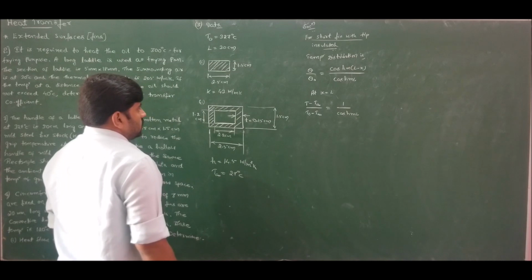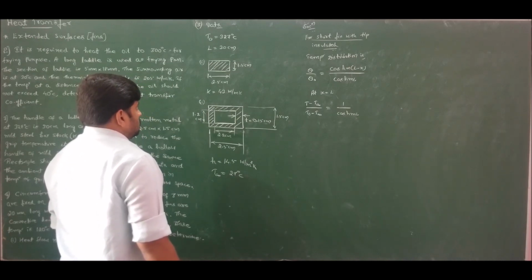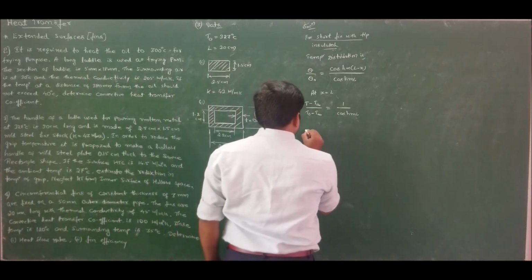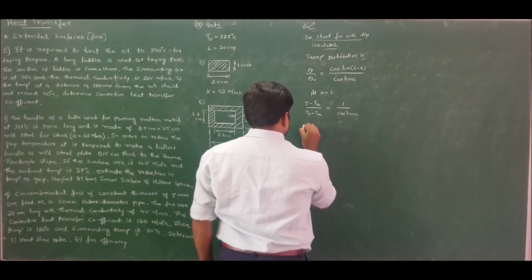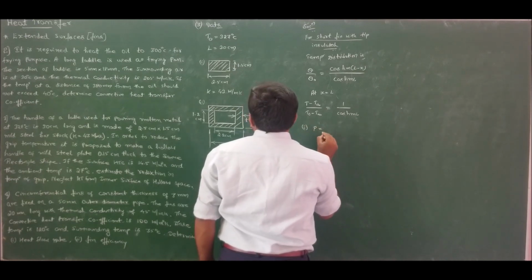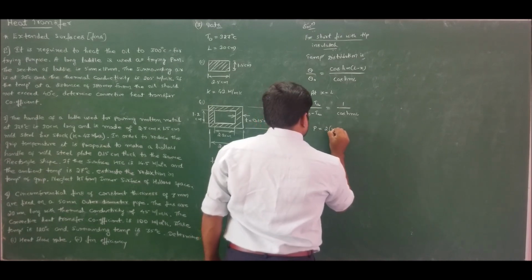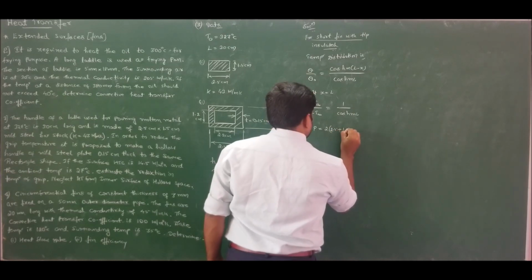So we know all the values. I want the value of T. Considering case 1, we have perimeter P as 2 times (width plus thickness). Width is 2.5 plus thickness is 1.5.